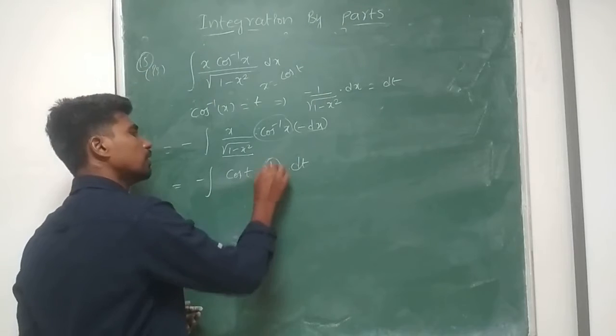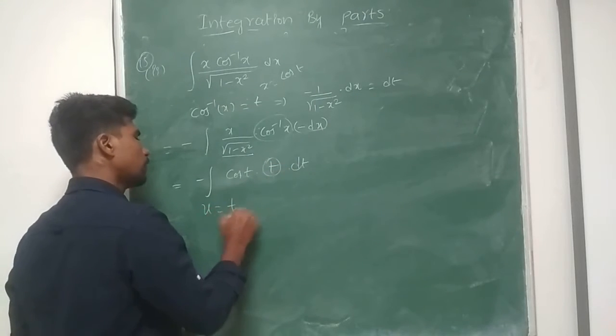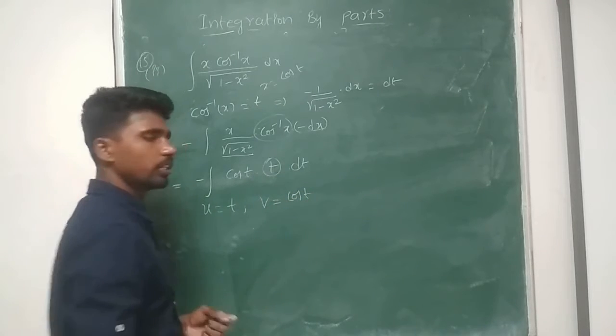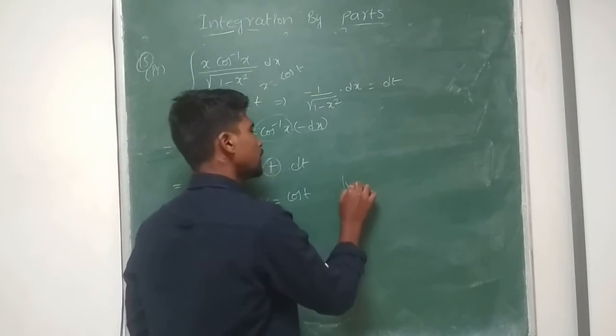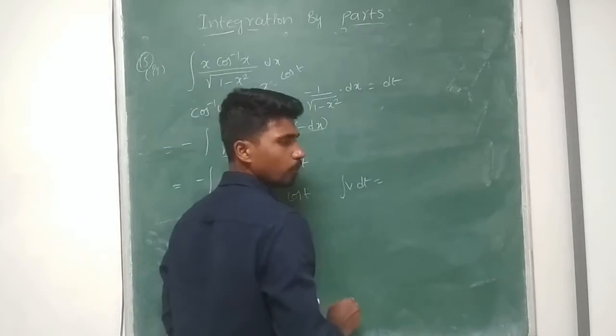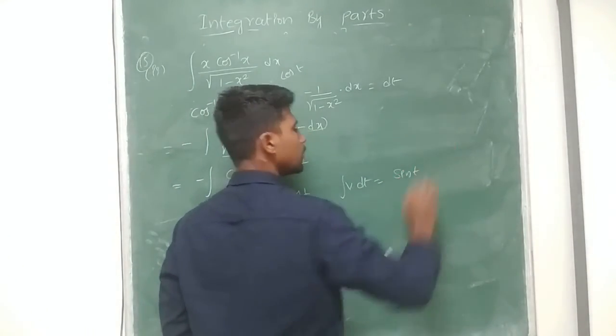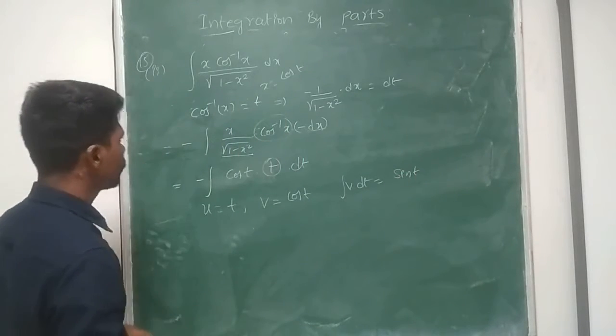Now select the function by ILATE. So this acts as u. So u is equal to t, v is equal to cos t. If v is equal to cos t, integral v dt is nothing but sin t. Okay, so replace those.